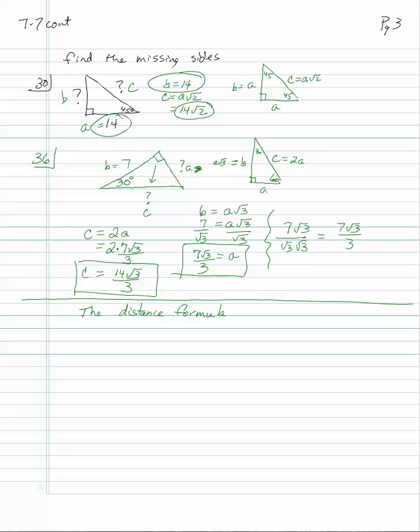Okay, so the distance formula is actually just the Pythagorean theorem in disguise, because if you're on an x and y axis, like this for instance, and we have this point x sub 1, y sub 1, and this point x sub 2, y sub 2, what we can do is draw in this right triangle, and it turns out that A is just going to be the difference between x sub 1 and x sub 2.